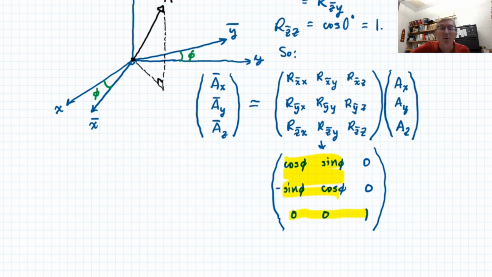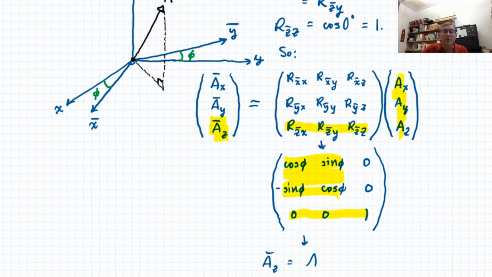Note that with that row, when I do the matrix product to get A z bar, that rotated component, I'll do that by multiplying the third row by the column here. And with all those zeros in the third row, it's not too hard to convince yourself that A z bar is exactly the same as A z.